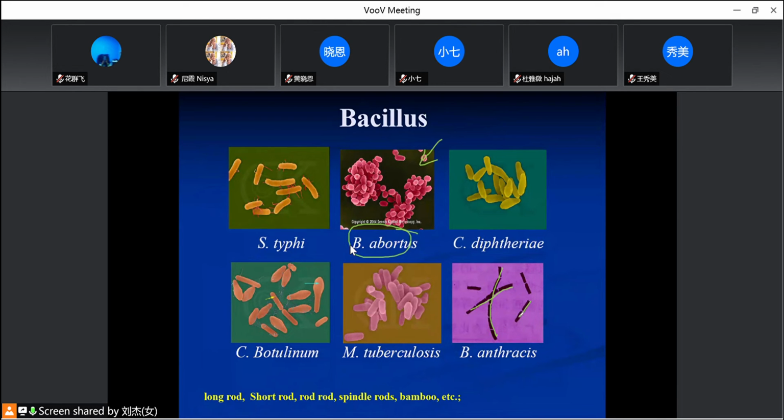It is called bamboo-like bacillars. Okay, so this is the shape of bacillars. This is the name of each bacteria. These are examples. I just show you examples of these bacteria.